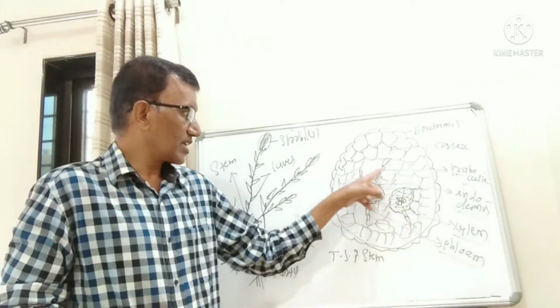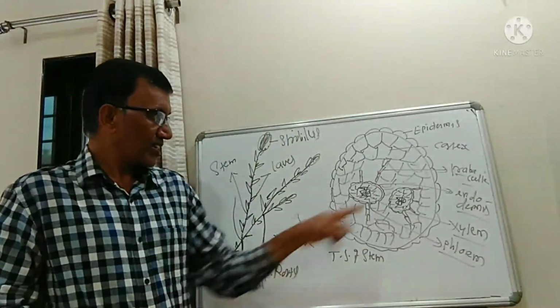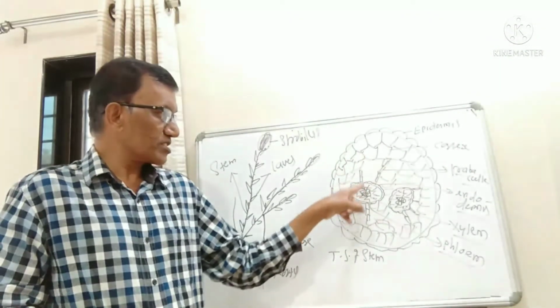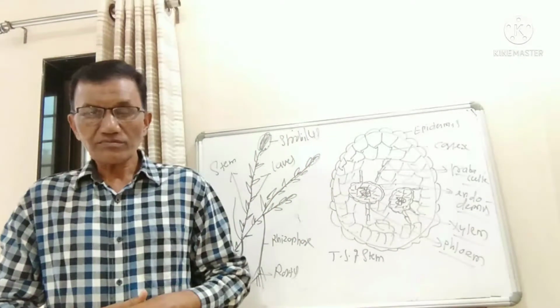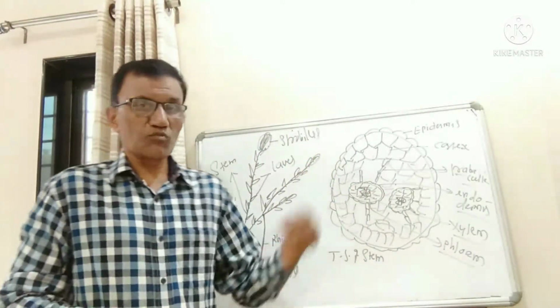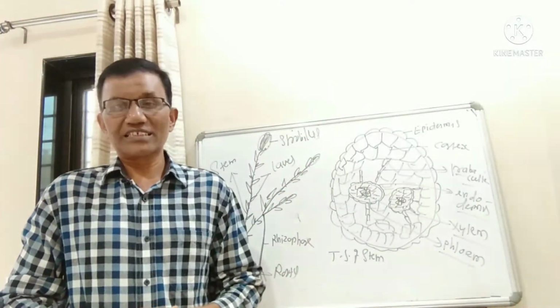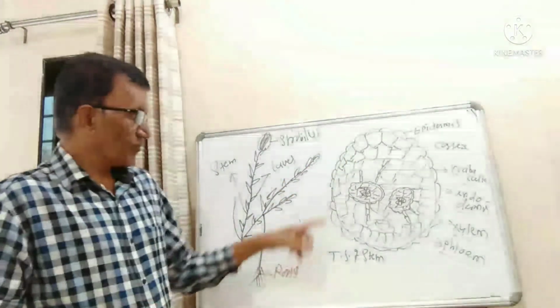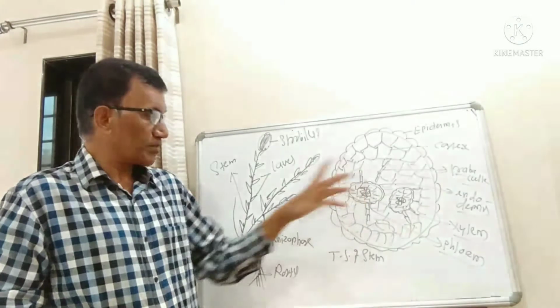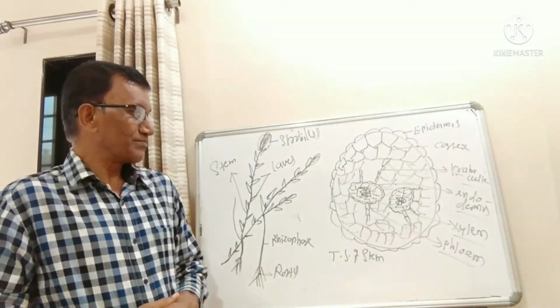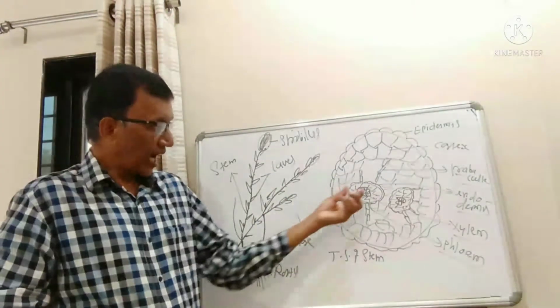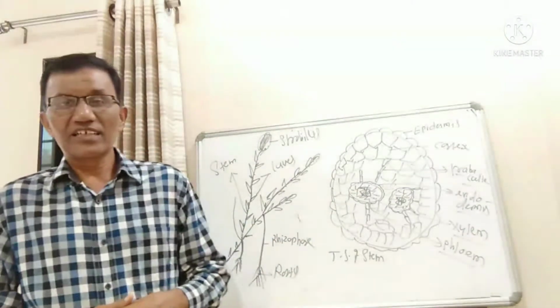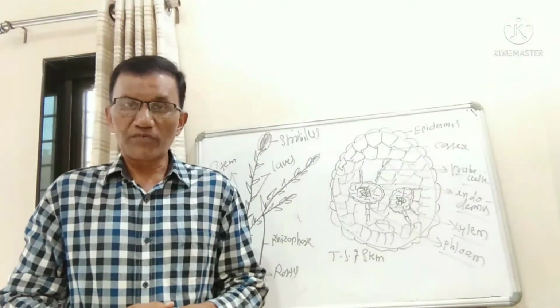These trabeculae have air space, and they are connected to the endodermis or vascular bundles. More than 2 vascular bundles may be present in different species. Here the endodermis present in the stem has a centrally located xylem surrounded by phloem.